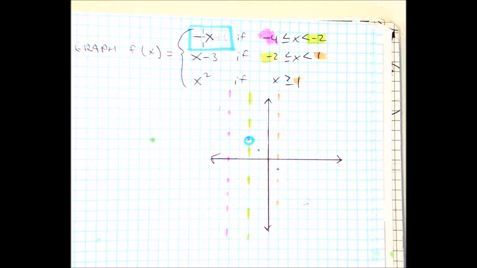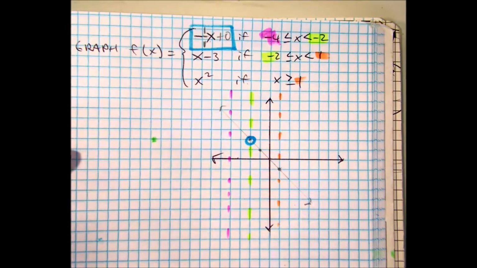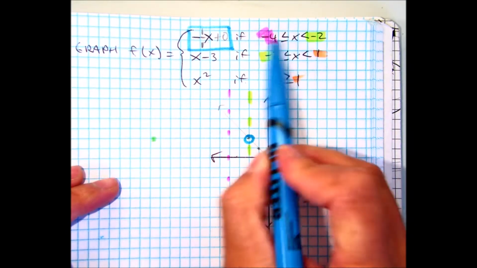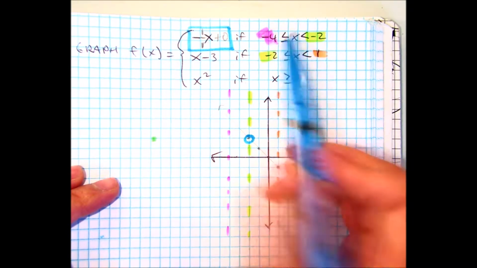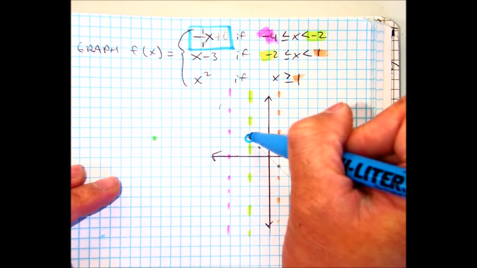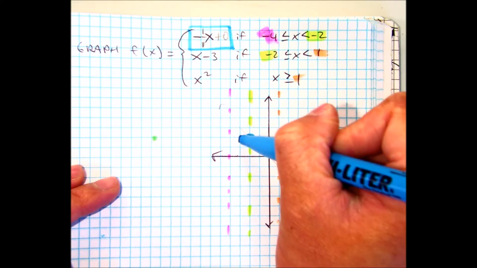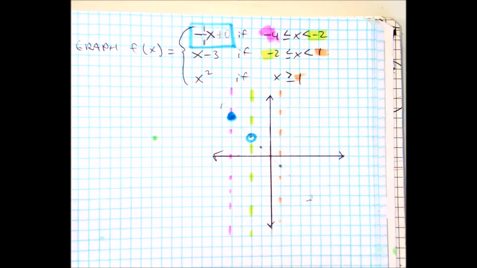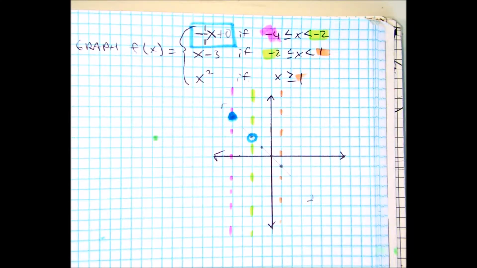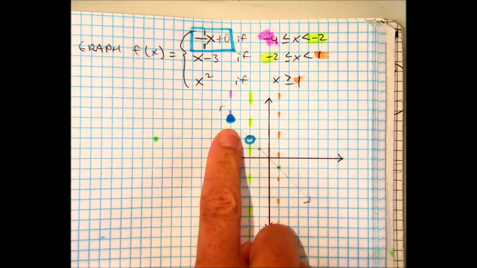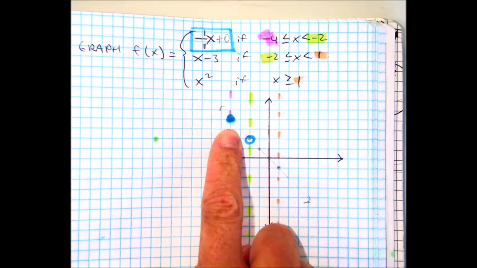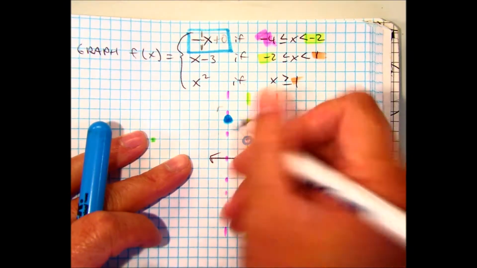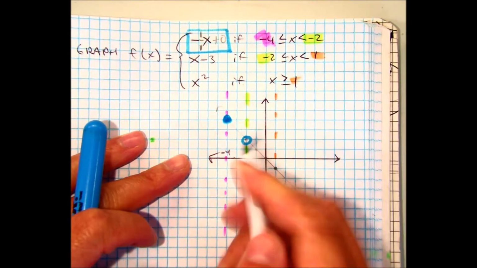Okay. There we are. So at -4, is that going to be an open or closed circle? It's closed because it's equals, right? So at -4, follow my line. Now to make sure you're drawing these circles correctly, you can also substitute x = -4 into that equation.